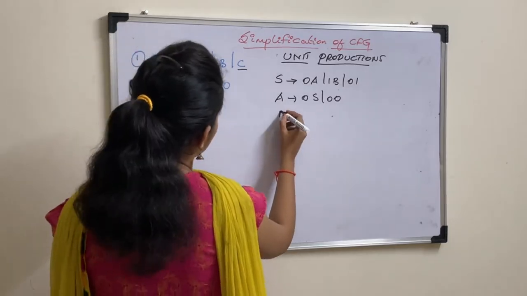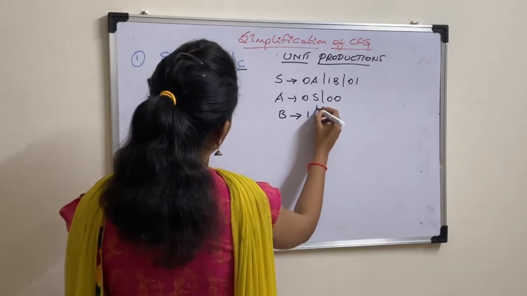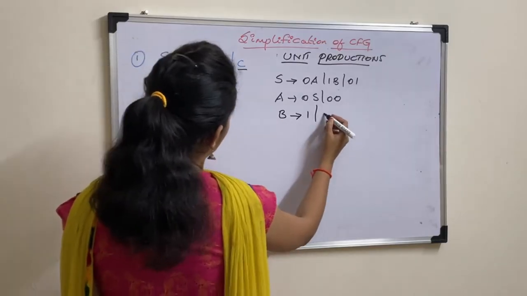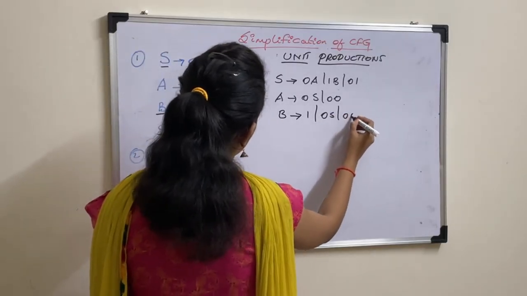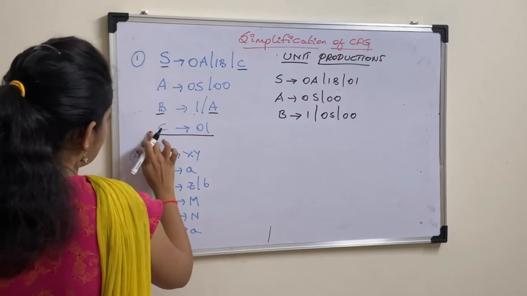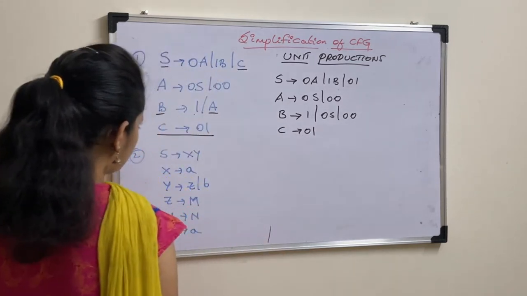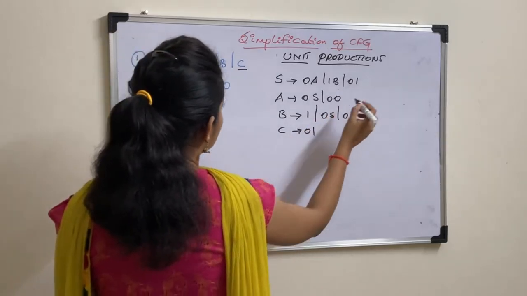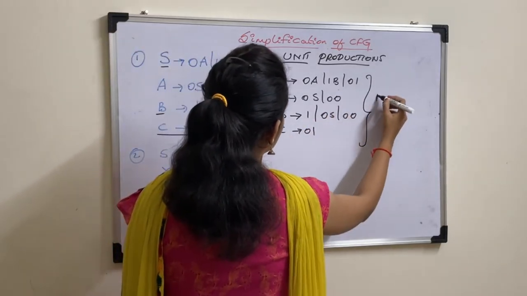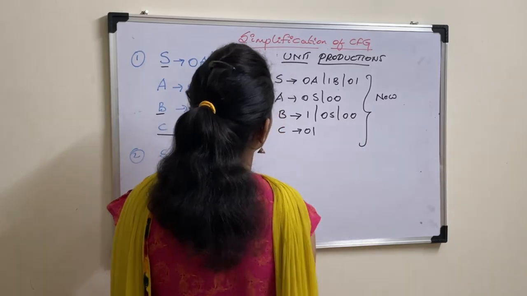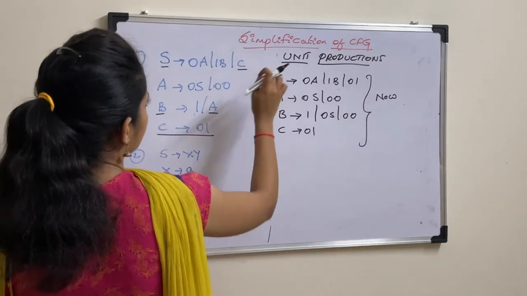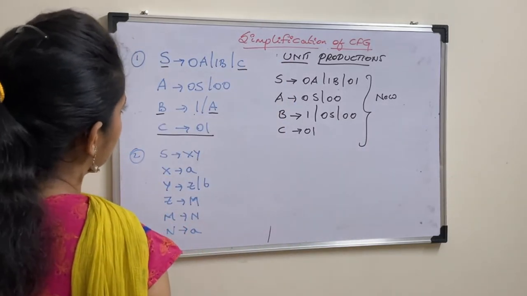Write it as B derives 1, then 0S or 0, 0. And the last one, write it as it is. So this is the new grammar which is obtained after removing unit productions.